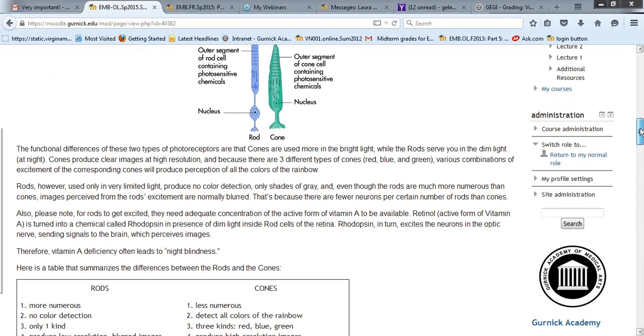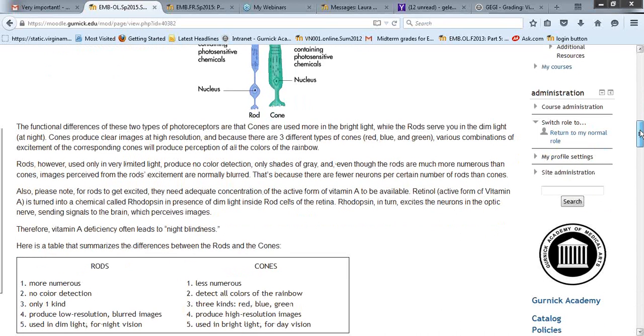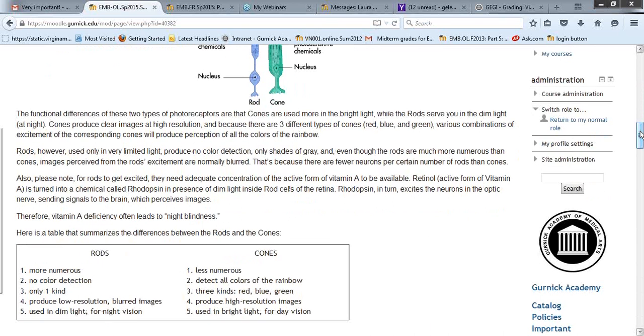You have many more rods than you have cones. So rods are more numerous than cones. They don't allow you to detect color, but they allow you to see in dim light. And there's only one kind of rod that you have. They produce kind of low resolution blurred images at night.